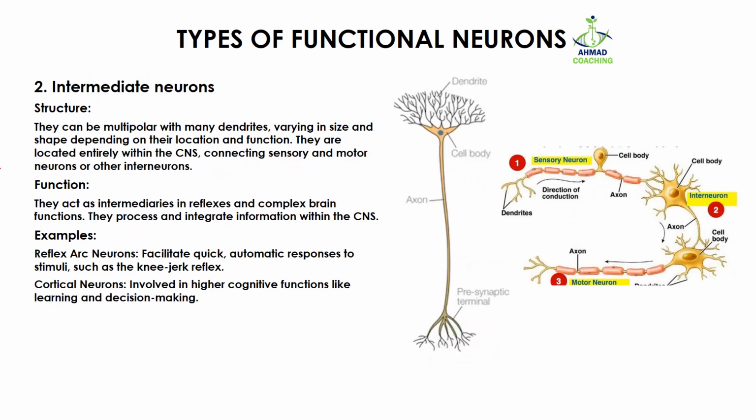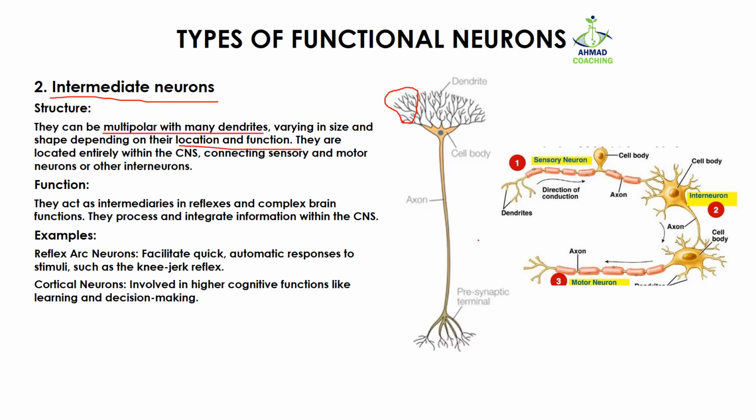The second type of neurons are known as intermediate neurons, interneurons, or relay neurons. These neurons are multipolar with many dendrites. Here you can see that they have a lot of dendrites. They are present in various sizes and shapes, depending on their location and function.